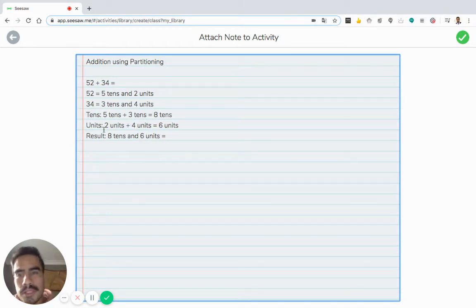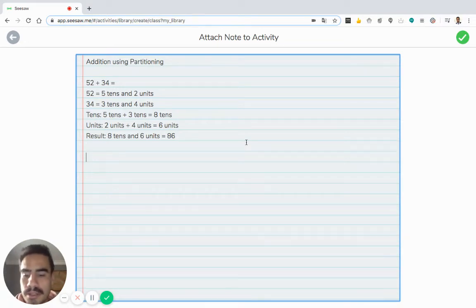So which number has 8 tens and 6 units? Is the number 86. So by partitioning, we could see that 52 plus 34 equals 86. This is the first way of calculating this.